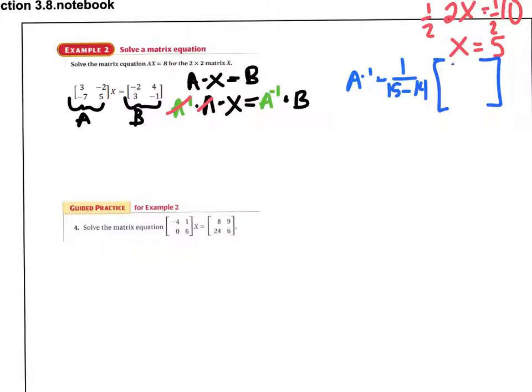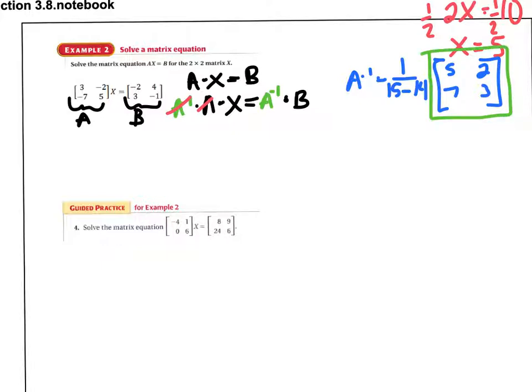The 3 and 5 switch positions. The negative 7 and negative 2 will both become positives but stay in their position. And then when you multiply through, this is just 1 over 1. So this truly right here is your inverse matrix. I'm going to put a circle around it.